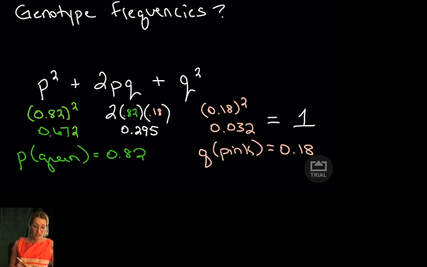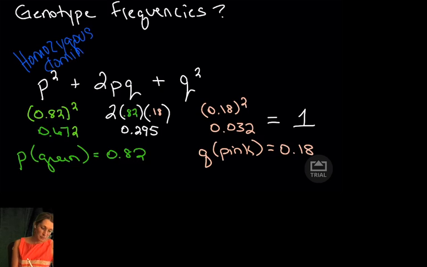Just some math. And then this gives us our ratios of each of our genotypes, because remember that P squared, what color should I use? These are our homozygous dominants, right? So the frequency of our homozygous dominant individuals is 0.672.